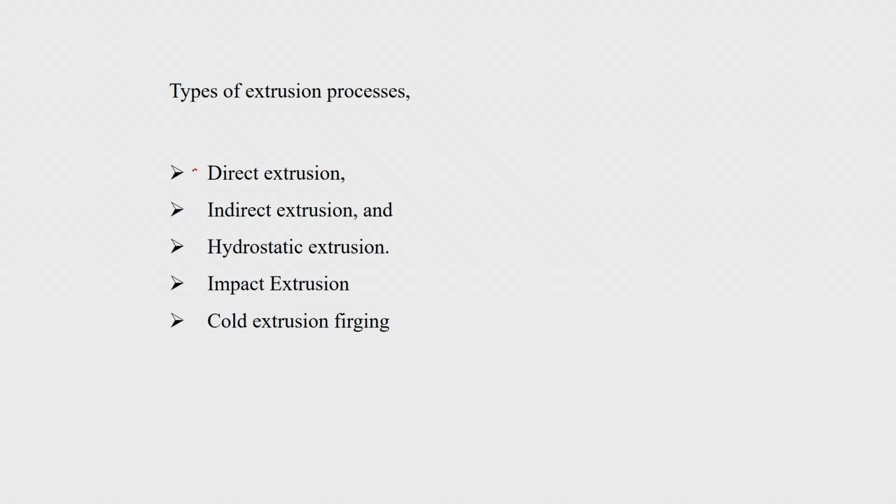Now, let us look at what are the types of extrusions which are in practice. The different types of extrusions are, one is the direct extrusion, we will come one by one. Next is the indirect extrusion, then the hydrostatic extrusion, impact extrusion and cold extrusion forging.